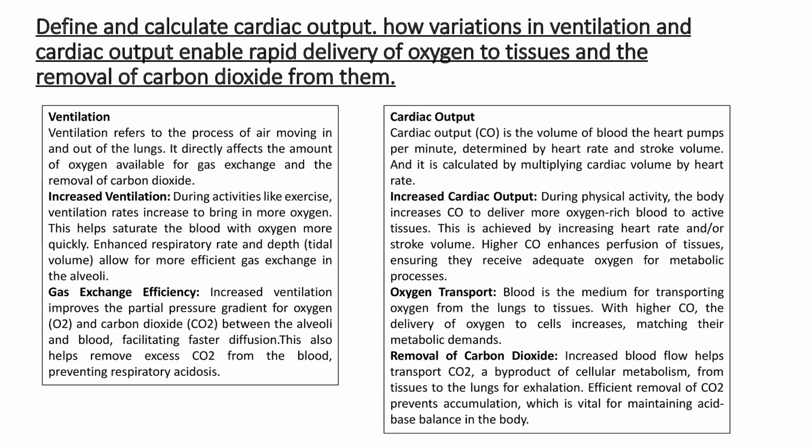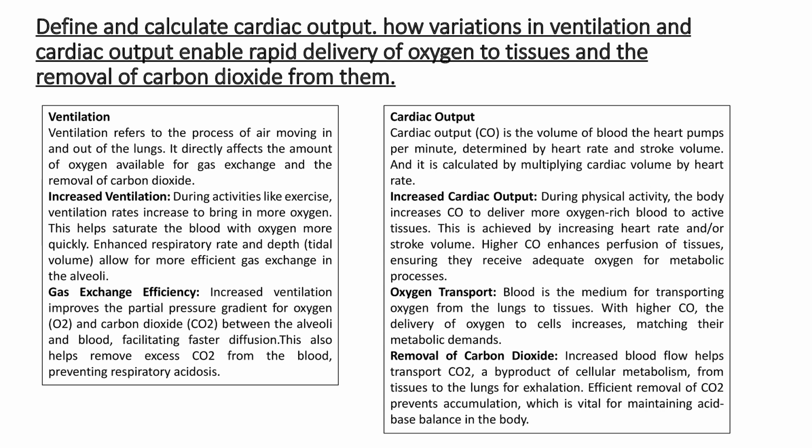So, what is oxygen transport? Blood is obviously the medium for transporting oxygen from the lungs to the tissues, and with higher CO, the delivery of oxygen to cells increases, matching their metabolic demands. Removal of carbon dioxide: increased blood flow helps transport CO2, a byproduct of cellular metabolism, from tissues to the lungs for exhalation.